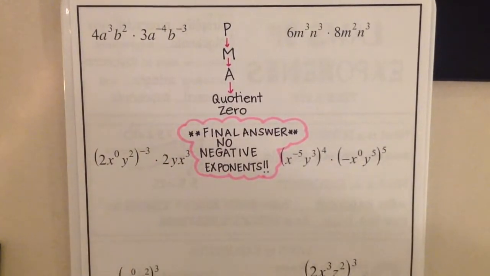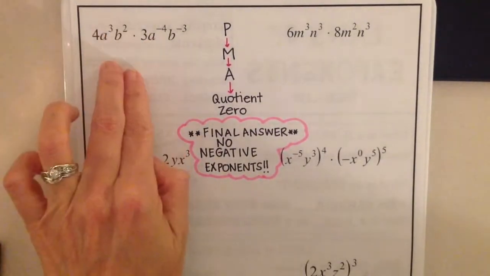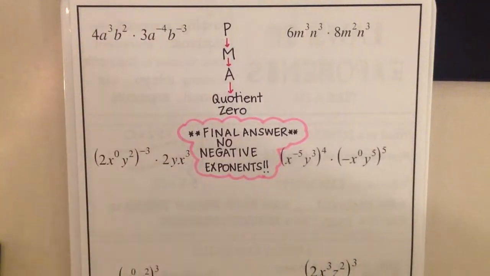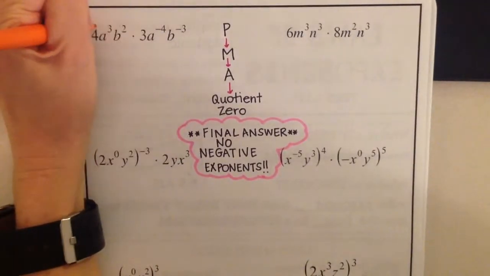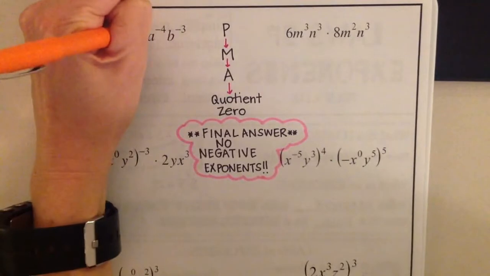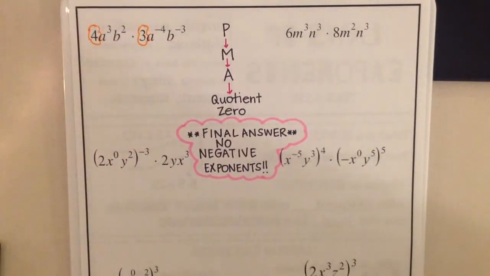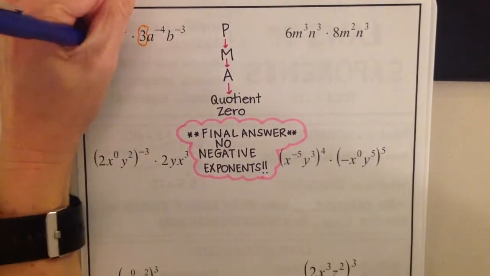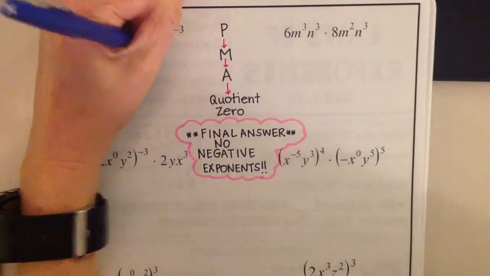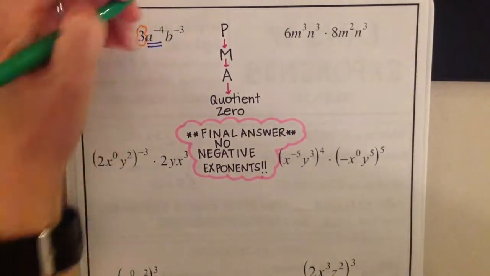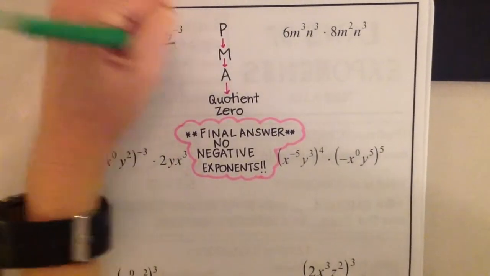So now, remember, our goal here is to simplify this down. Right now, I have two bases that are numbers. I have 4 and 3. I have two bases that are A's. And then I have two bases that are B's.